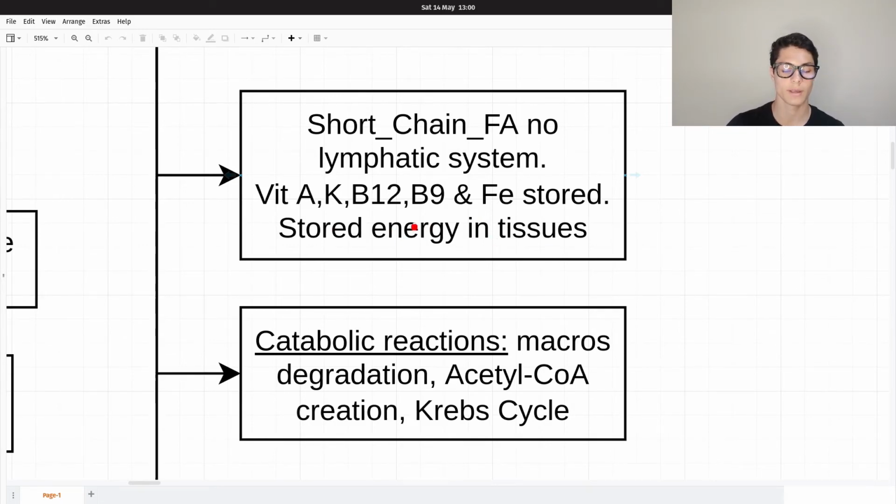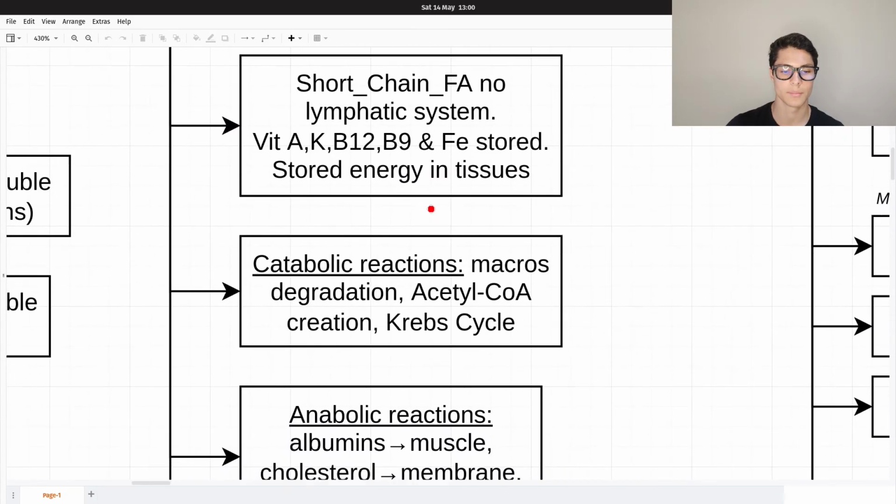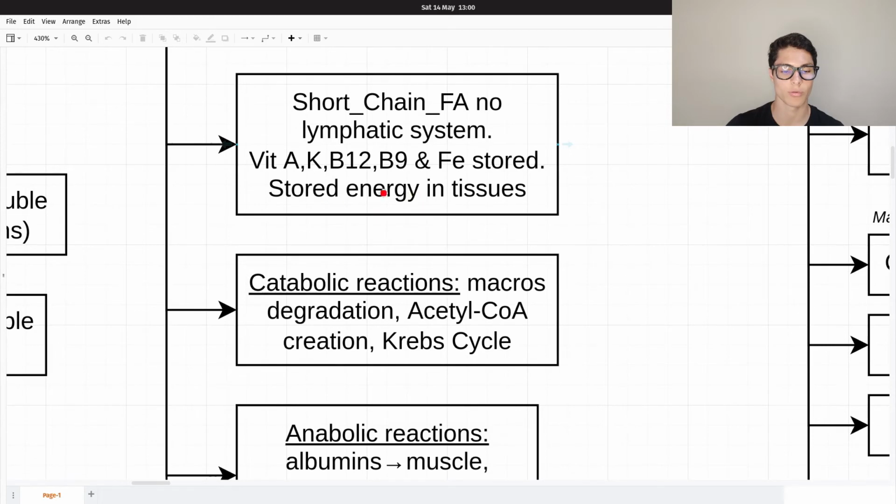And if we finish the fat, which is unlikely, because for doing that we would starve ourselves for days, even weeks, we will use our muscle tissue as energy, and then if we prolong that, we will eventually eat even our organs. But the thing is that we store energy in our tissues, and the main storage of energy is our fat.